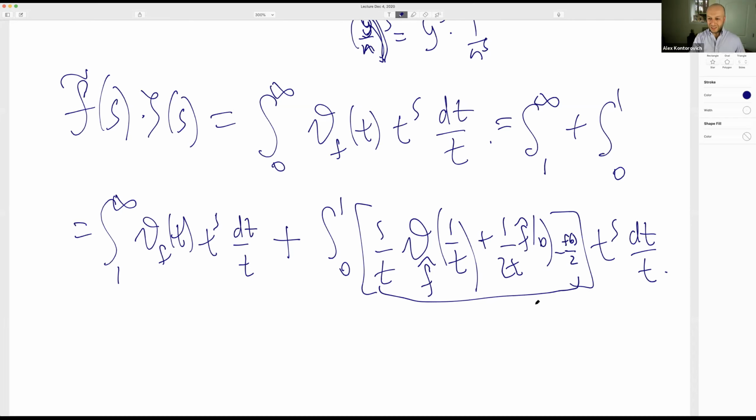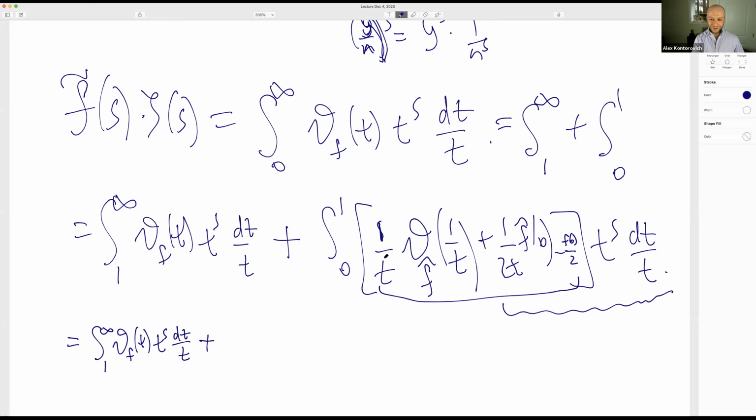Alrighty. Now these integrals I can actually compute. So again, we have this outer integral of theta f of t, t to the s, dt over t. Nothing wrong with that. Plus, now let's look at this integral. That's supposed to be a 1, right?